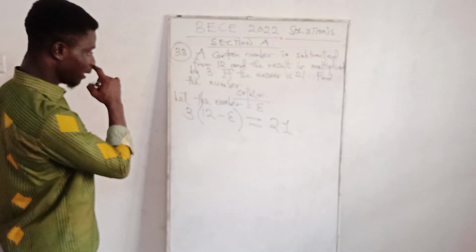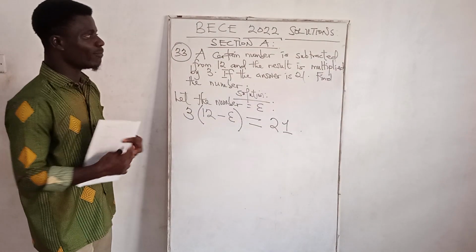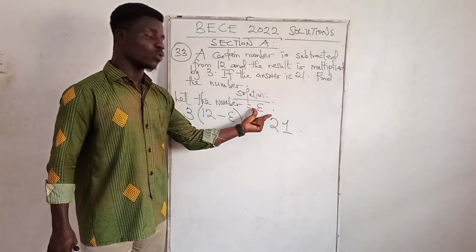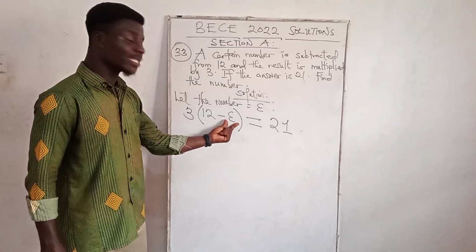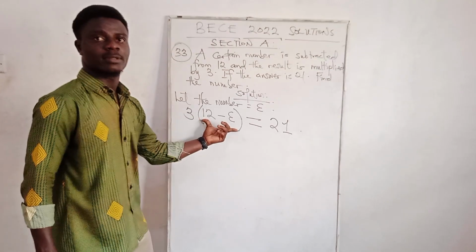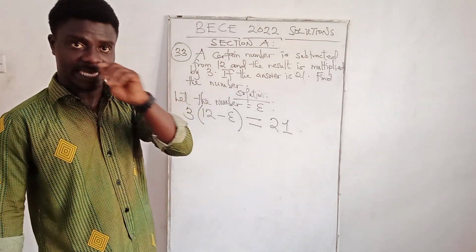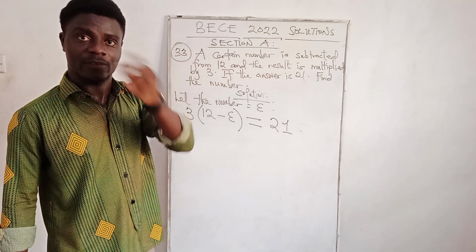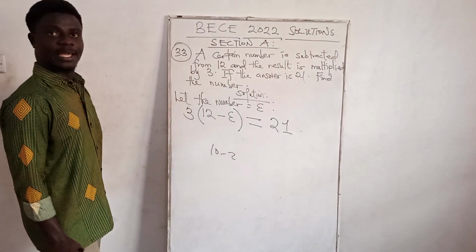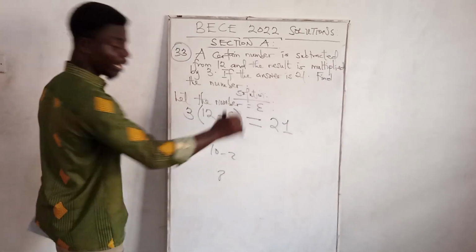So now let's see. A certain number is subtracted from 12. Let the number equal epsilon, so you subtract epsilon from 12, and this is your result. Let's say subtract 2 from 10 and multiply your result by 4. You get 10 minus 2, which is 8.